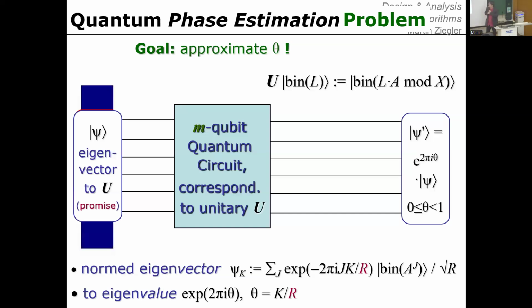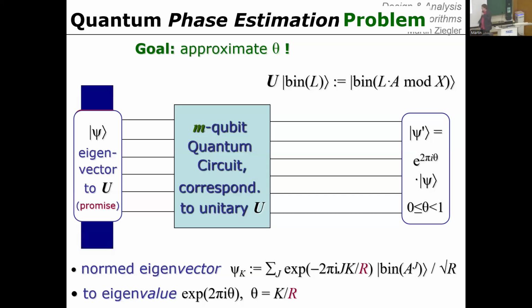So we need to do the estimation approximately, but with sufficient accuracy so that we can recover which fraction is being approximated, right? So it turns out that an n-bit approximation to the quantum phase theta will be sufficient to recover the numerator and denominator. And the denominator is what we're interested in.